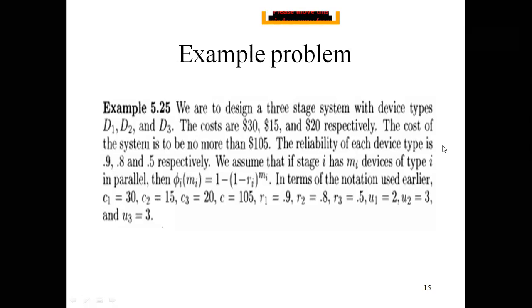C minus sigma Ci means the total cost constraint 105 minus the cost of all the devices together, that is D1 type, D2 type, D3 type. What is the total cost? 30 plus 15 plus 20, that is 65. So 105 minus 65.